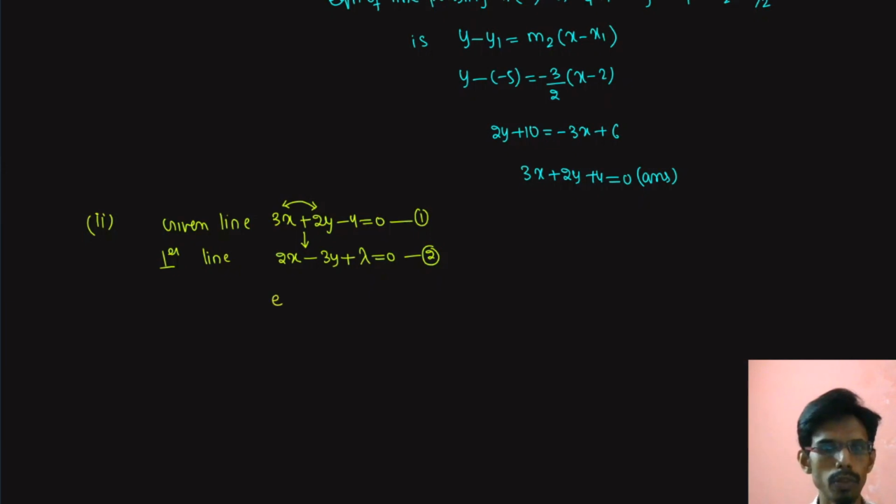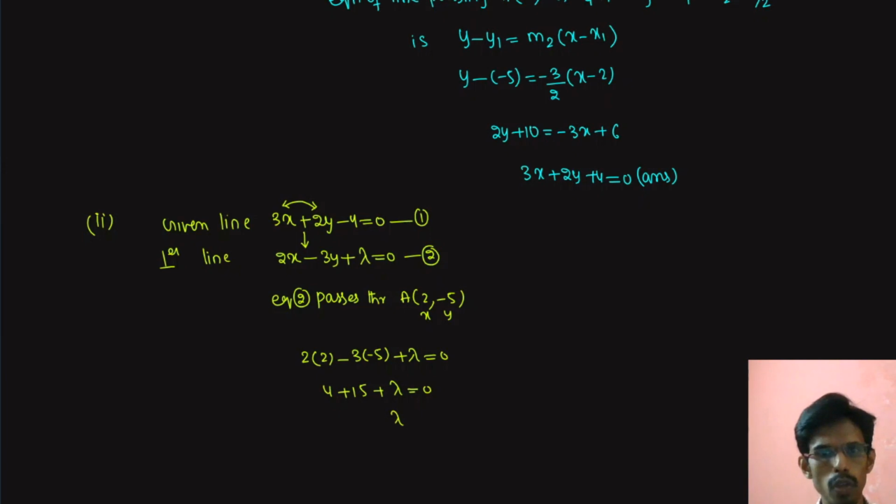Now this equation 2 passes through A, the same point. What will be the point? The point is (2, -5). Take this as x and y and put it in equation 2. I'll get 2 into 2 minus 3 into -5 plus λ equals 0. 4 + 15 + λ = 0, so λ will be -19.